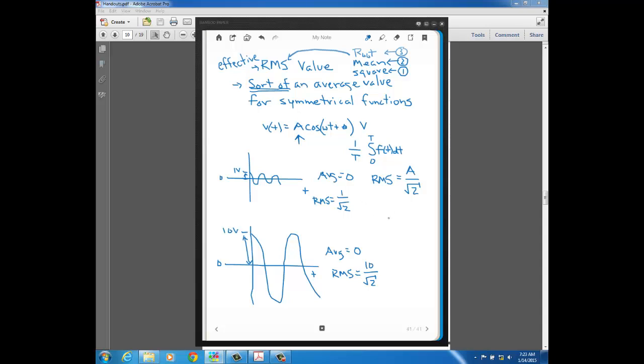Now, for those of you taking the lab portion of the course along with the lecture, another important thing to know about RMS values is that AC voltmeters and AC current meters, ammeters, that you use in the lab display RMS.